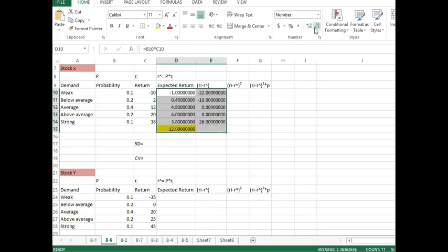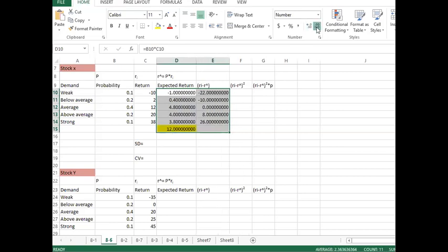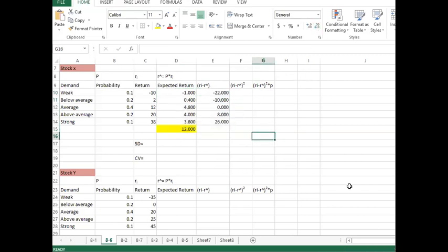If we take amount in 2 digits. So the next step is we take square of Ri minus R hat.